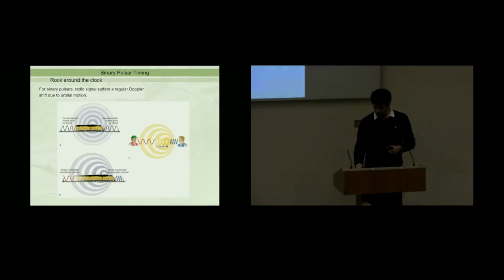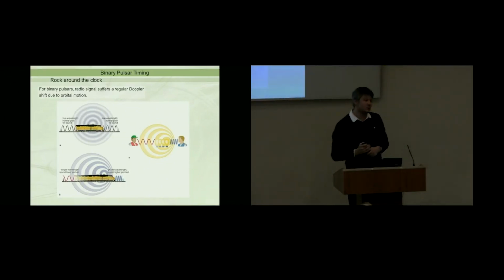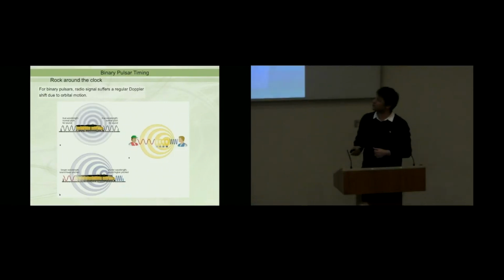And so we can look at pulsars and monitor their orbital motion to a really high accuracy. And the way we do it is using a very simple phenomenon, which we know as the Doppler effect, or as the French like to say, the Fizeau effect, because Fizeau also independently discovered this effect.